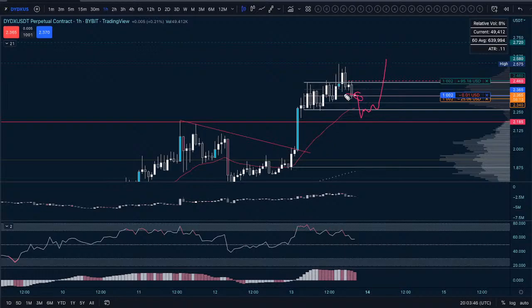For me, this is like a bad trade that I took. I wouldn't take this trade normally. Since it's free money now, I'm just trying. And we'll see what the result is gonna be.